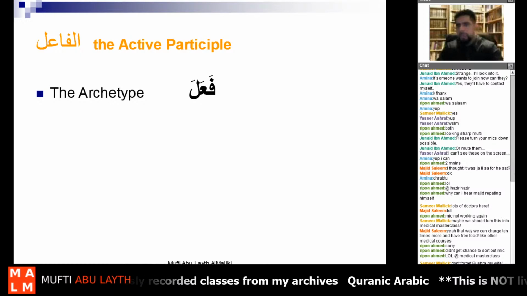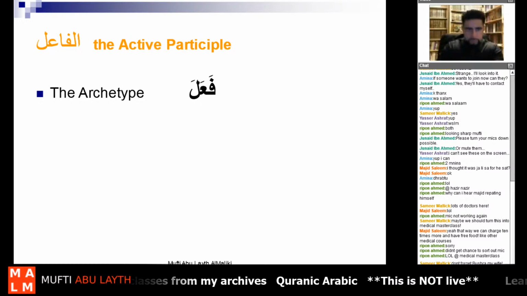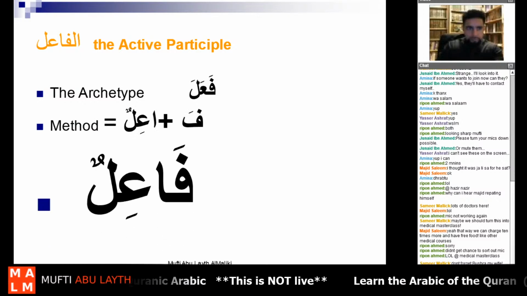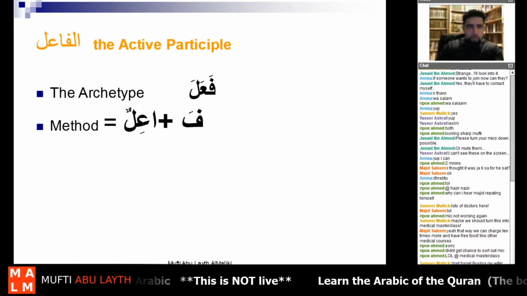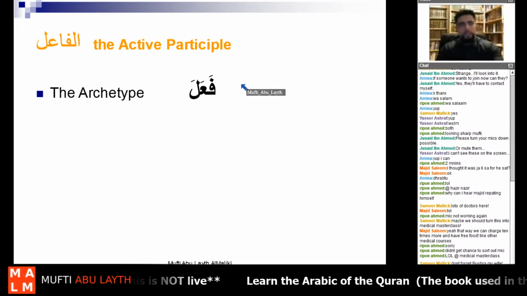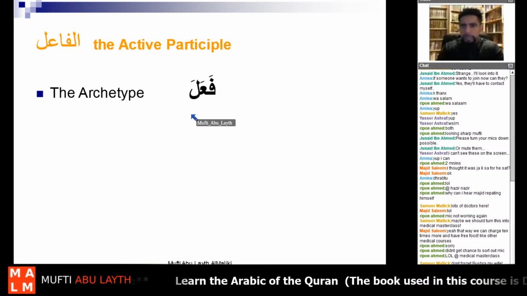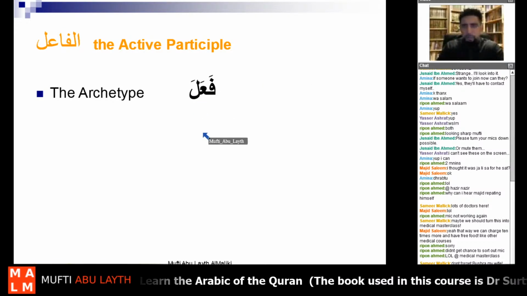Remember that in Arabic, everything will stem from these roots that we've learnt about. So what we do basically is, using the verb, we are going to make the doer out of these verbs.